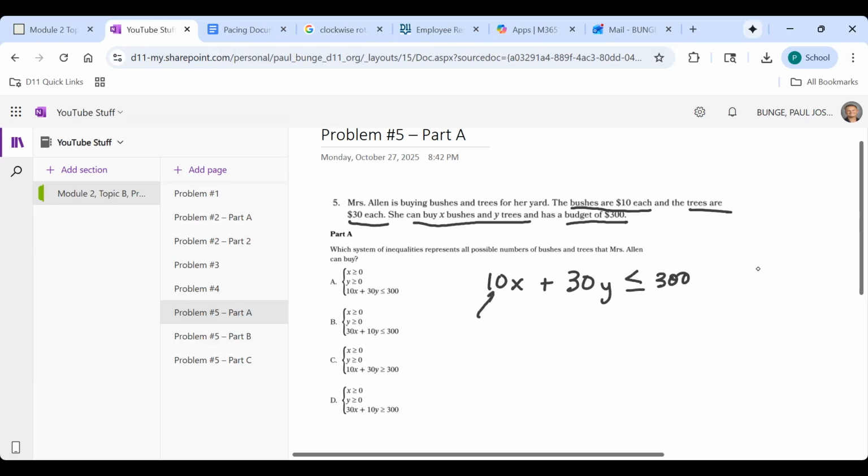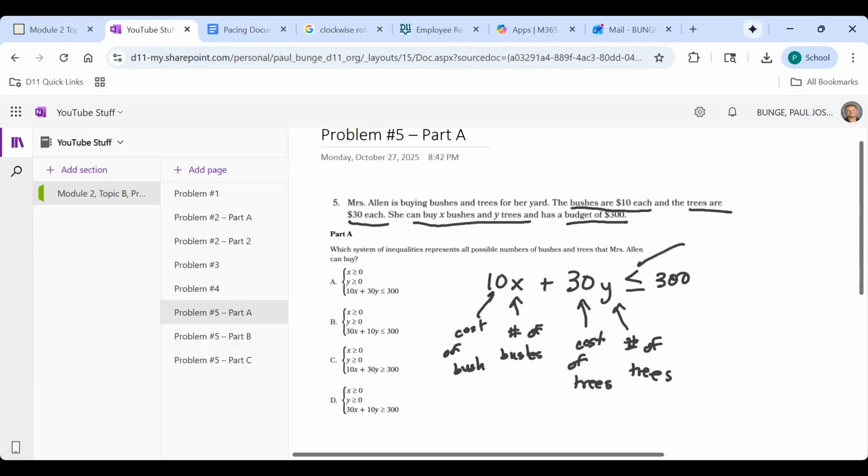So 10 is the cost of the bush. X is the number of bushes. 30 is the cost of our trees. Y is the number of trees.